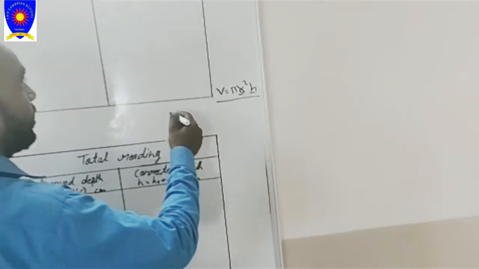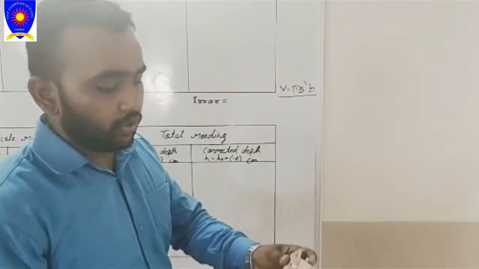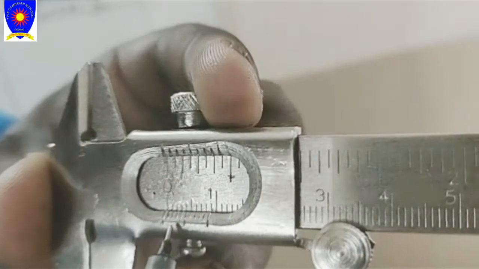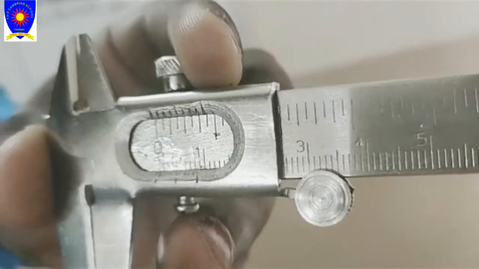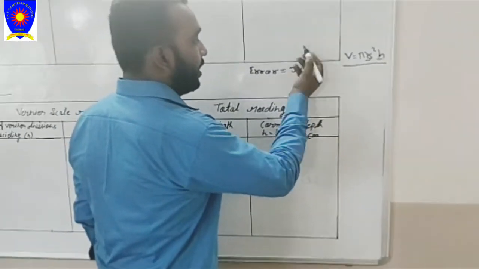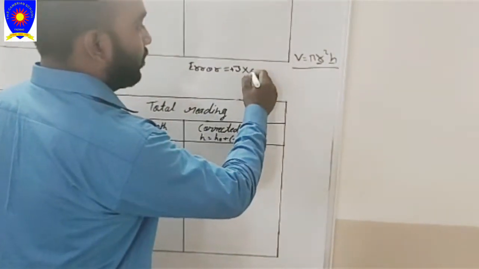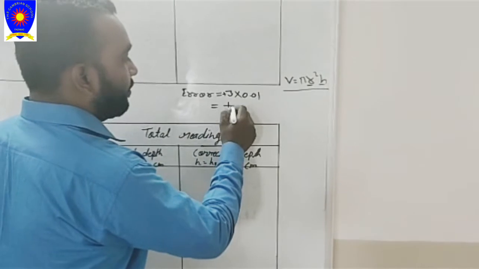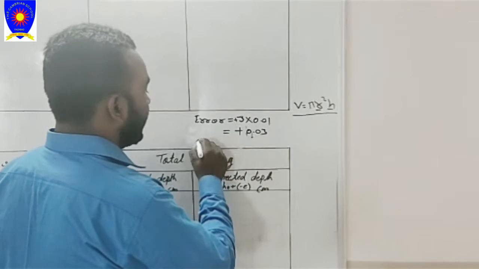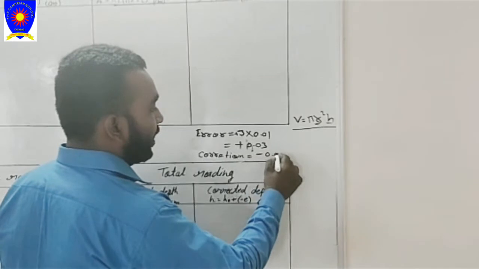So its error will be the coinciding division. Let's look at which division is coinciding. We see that its third division is coinciding with the main scale. So write here 3, because this is positive. So 3 into least count, that is 0.01, means plus 0.03. Its correction will be minus 0.03.